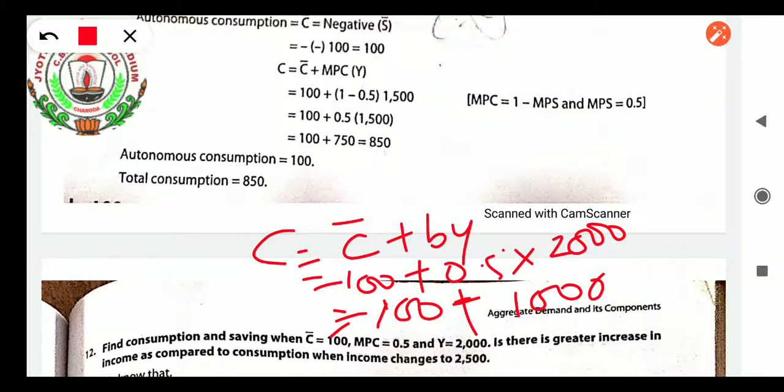When income is 2000, consumption is 1100. Okay, have you understood? C equals 1100 when income is 2000.